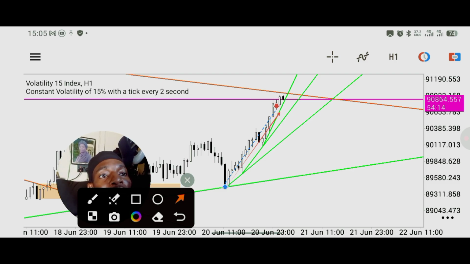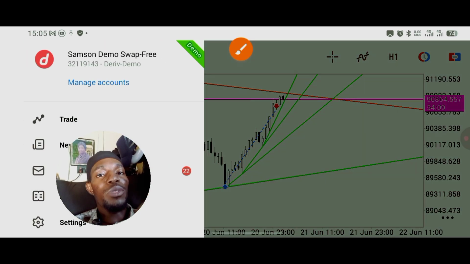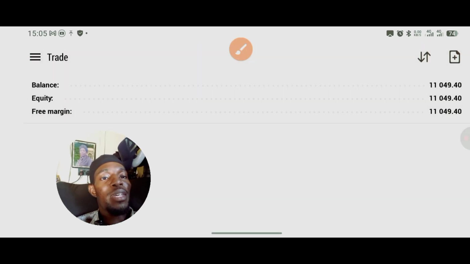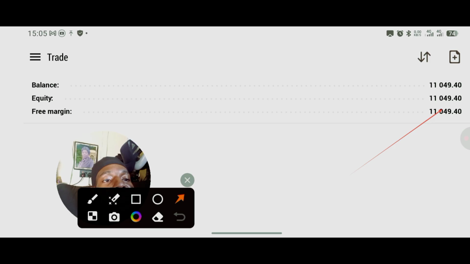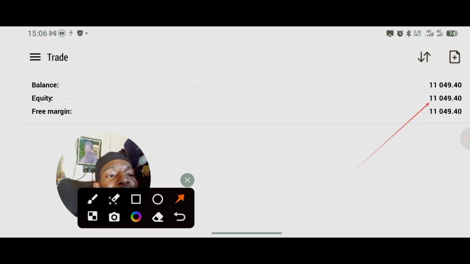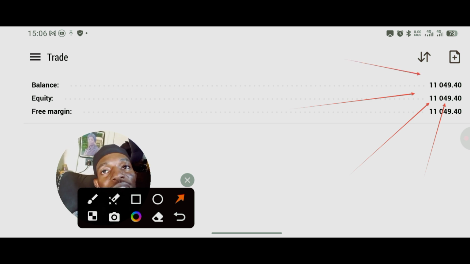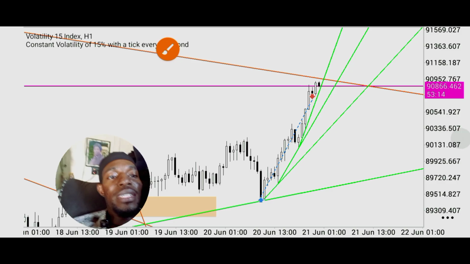I think I got about $400 worth of profit, right? And my account balance has been reset back to 11K. This is crazy. And I was risking only $50 on that trade, right?